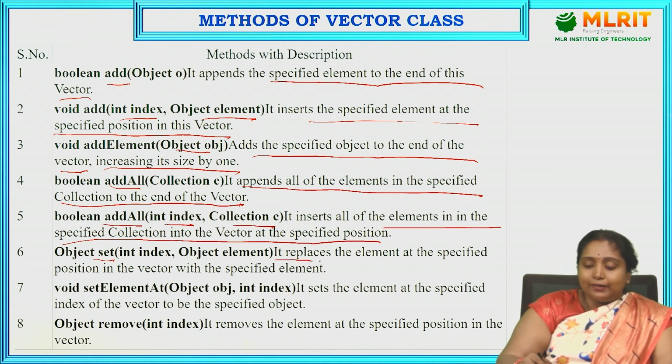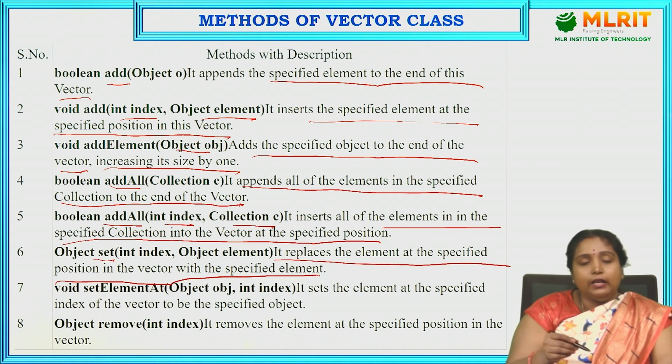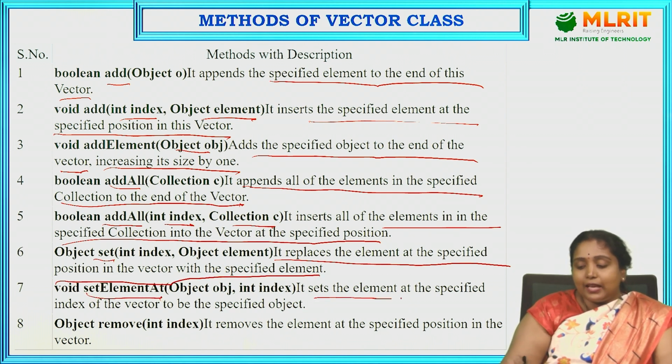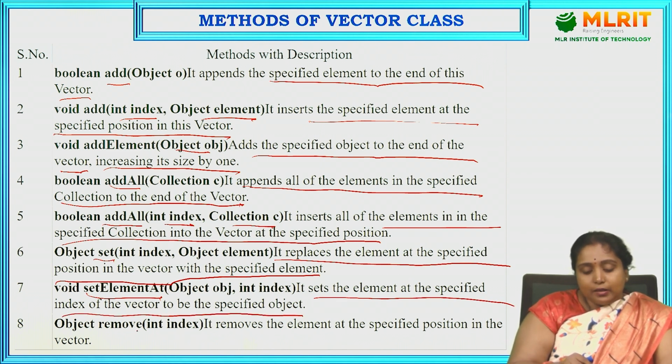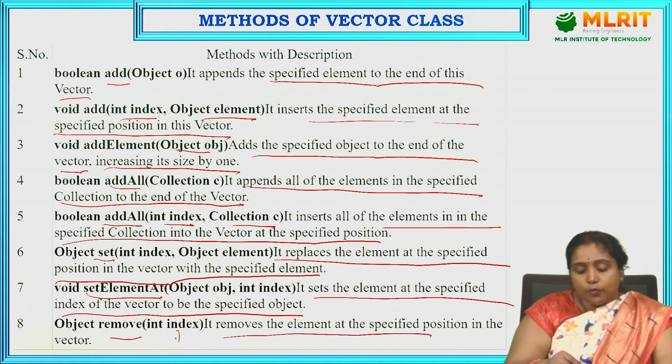It replaces the element at the specified position in the vector with the specified element. And setElementAt sets the element at the specified index of the vector to be the specified object. And next, remove. You have to provide an index value here. Whatever element is present at that index will be removed from the vector.